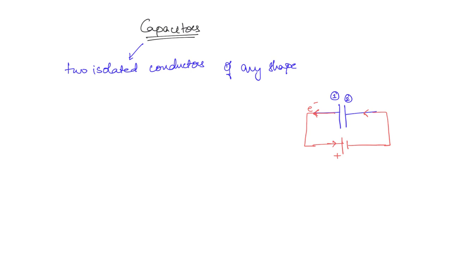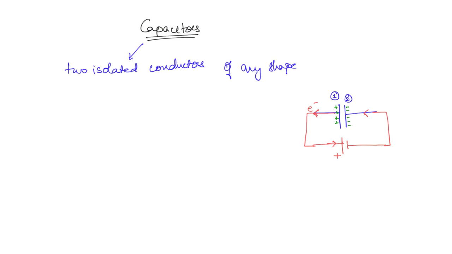So what will happen? Because of this, there will be an accumulation of positive charges on the first plate, right? Because electrons are moving away from the otherwise neutral plate. When electrons move away, what will be left out? Positive charge. And all of those electrons, where are they getting accumulated? On plate 2.